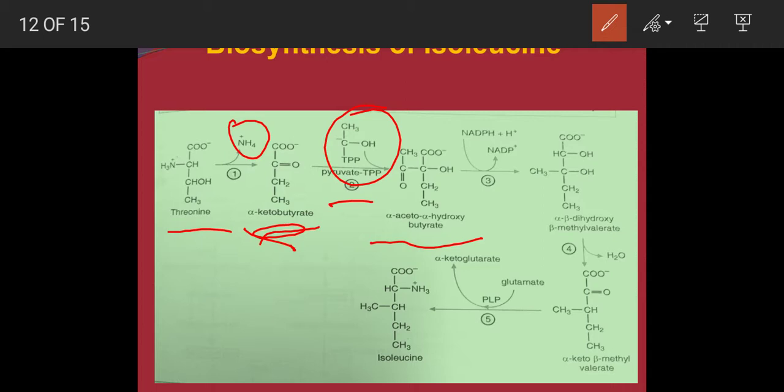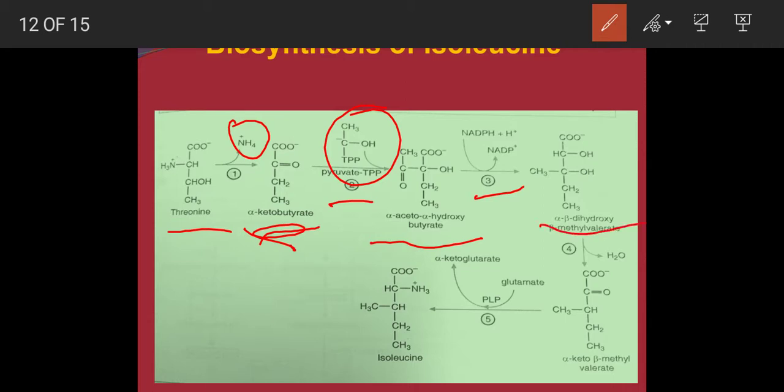This second reaction is catalyzed by the enzyme acetolactate synthase. In the third step, the ethyl group is shifted to the carbonyl carbon of the acetyl group, and the alpha and beta carbons are reduced by the formation of an attached hydroxyl group. And the enzyme involved is acetohydroxy acid isomeroreductase.